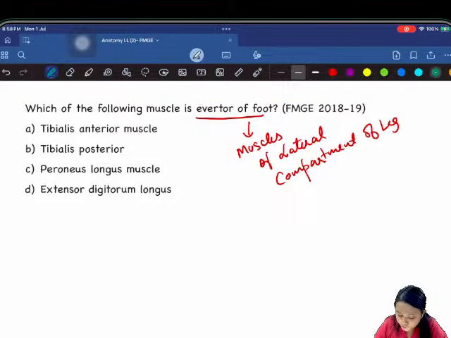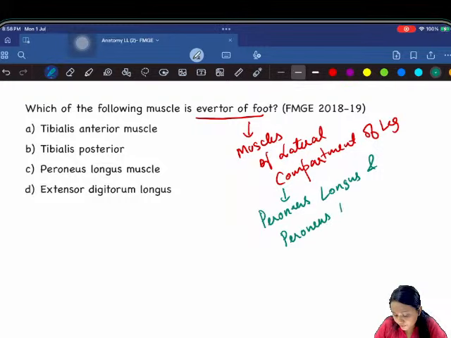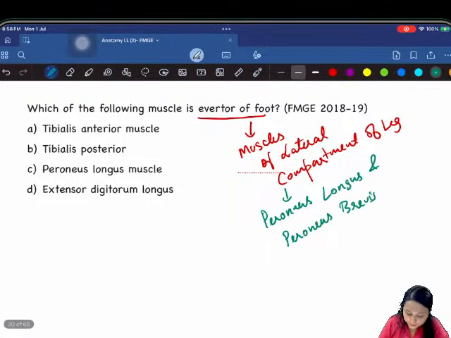And we have only two muscles, those are peroneus longus and peroneus brevis. So what option do you have here? That is the peroneus longus. So this is the correct answer.